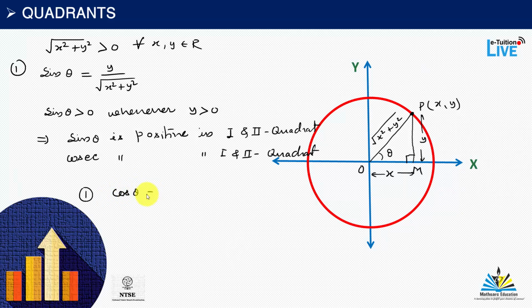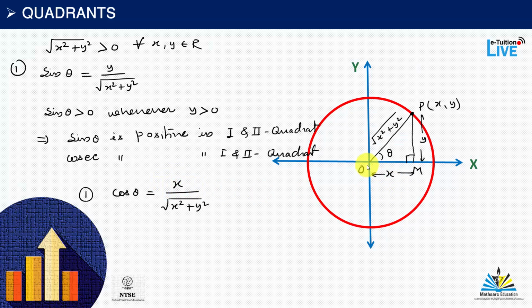Cos theta is equal to base upon hypotenuse, x upon under root x square plus y square. Since under root x square plus y square is positive, cos theta must be positive where x is positive.